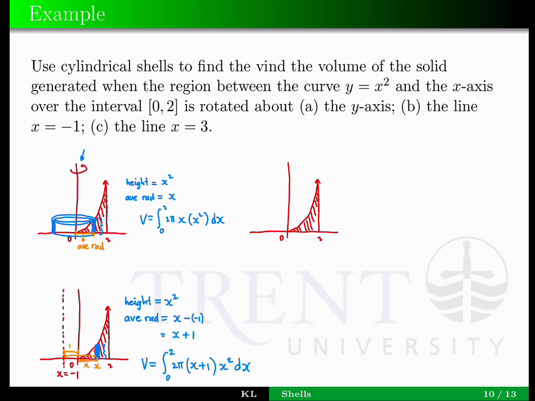For the third letter, the axis of revolution is x equals 3. Again, it's vertical, so we use vertical strips. The height will remain as x squared.